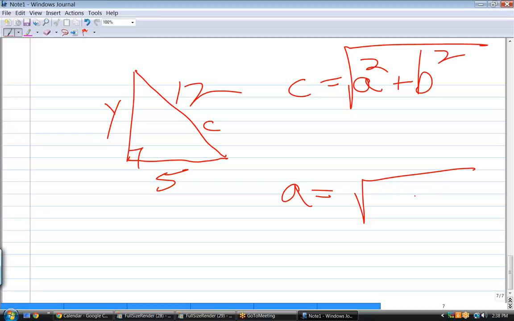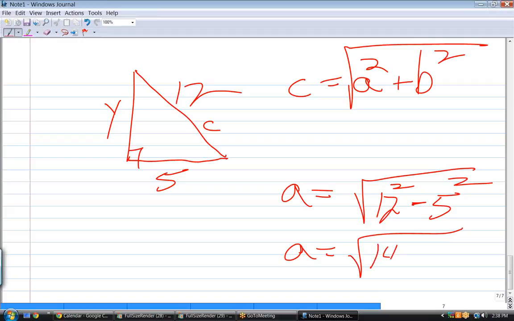What goes inside the radical? That'd be 12 squared minus 5 squared. There you go. Everything's always squared here when you're solving right triangles. Okay, well, in this case, that's 144 minus 25.